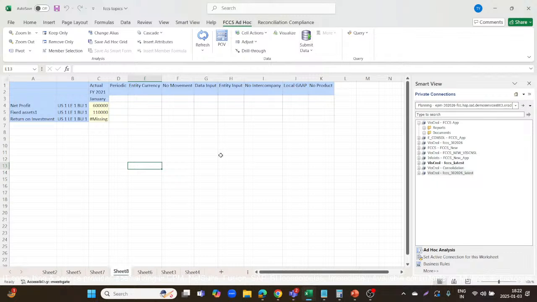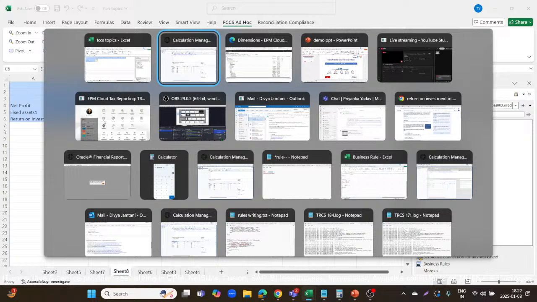Alright, so you'll get the number here on return on investment based on the rule that you have written.